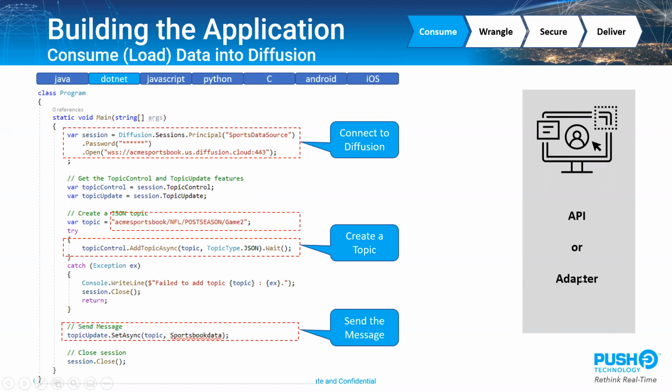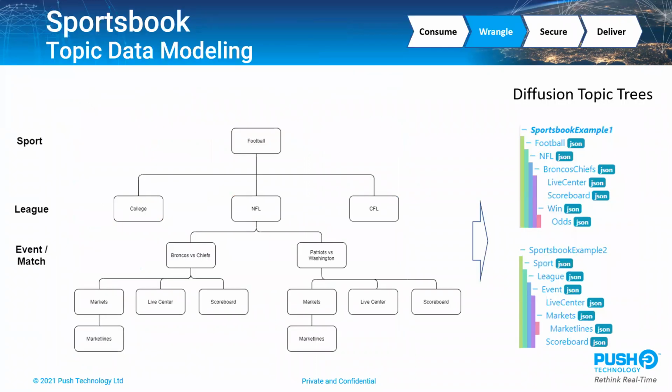We also have JMS adapters. We also have adapters, and we complement Kafka deployments. So we have a Kafka adapter as well to help provide some additional reliability and security and data wrangling on top of Kafka deployments.